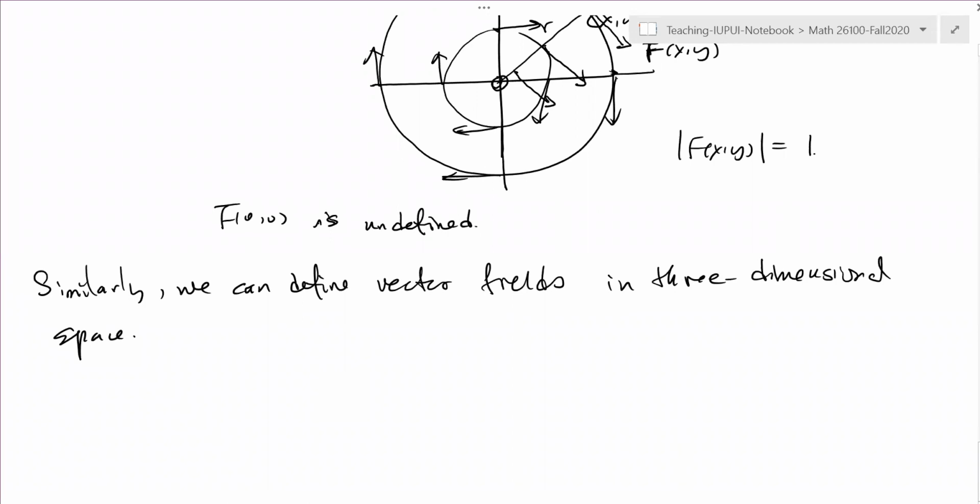Mathematically, you have a vector field as a vector-valued function, and they usually have three components.